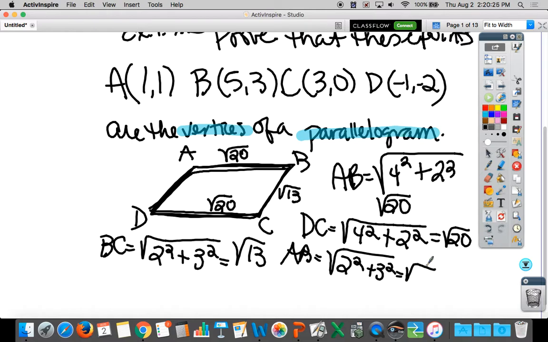I get the same thing. And you can check slope. You would check the slope of AB. It should be equivalent to the slope of DC, and BC should be equivalent to AD.